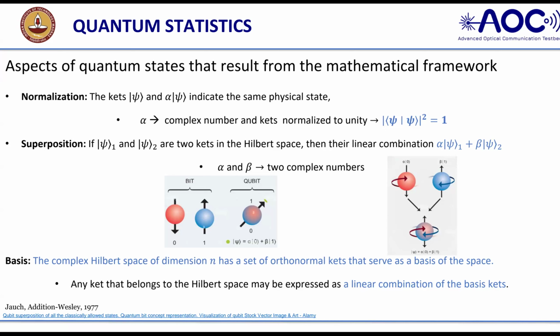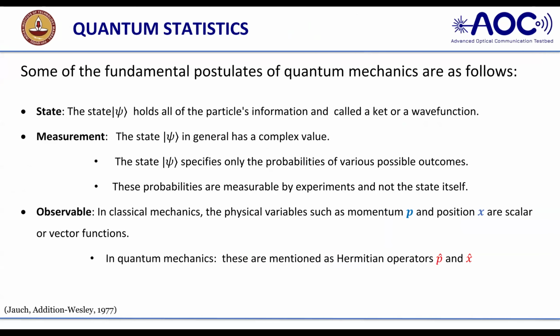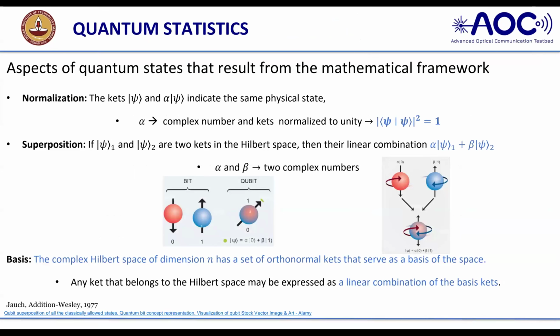So here we are getting the familiarity of two things. We have a state that keeps all the information of position and time. Next, we are talking about the operator. As in the previous slide, we have position and momentum operating as operators. We also have the basis of a space, like orthonormal kets. For example, in three-dimensional space, n equals 3: x, y, z, so 3 orthonormal bases.